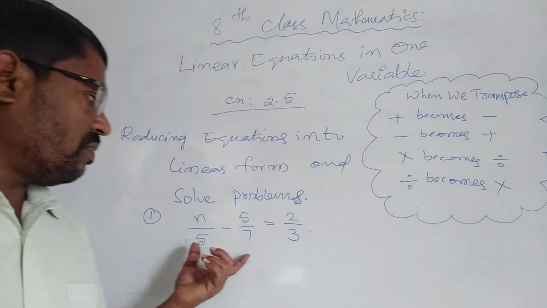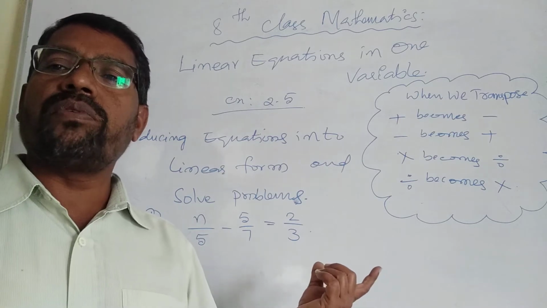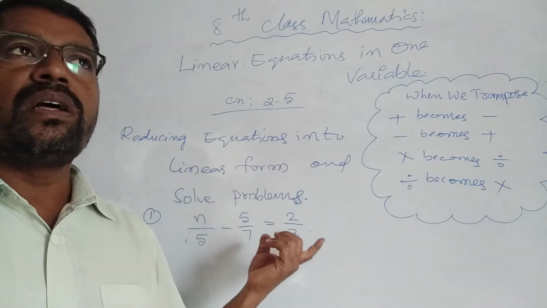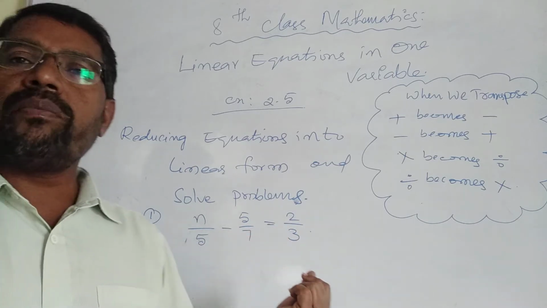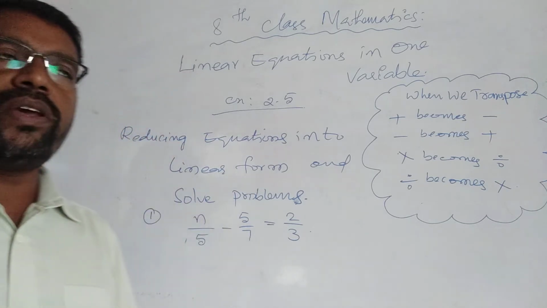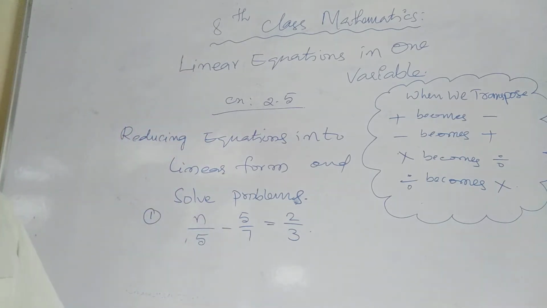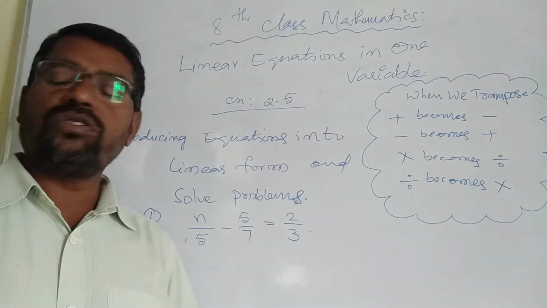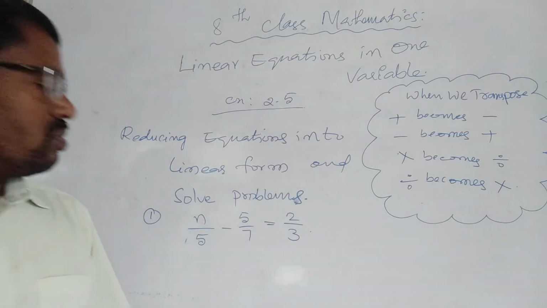But it is not in that form. We should convert it into the simple form, reducing the equation into a linear form equation, and find the value of n, whatever variable is given in the problem. So n by 5 minus 5 by 7 is equal to 2 by 3 is given. This I want to solve.